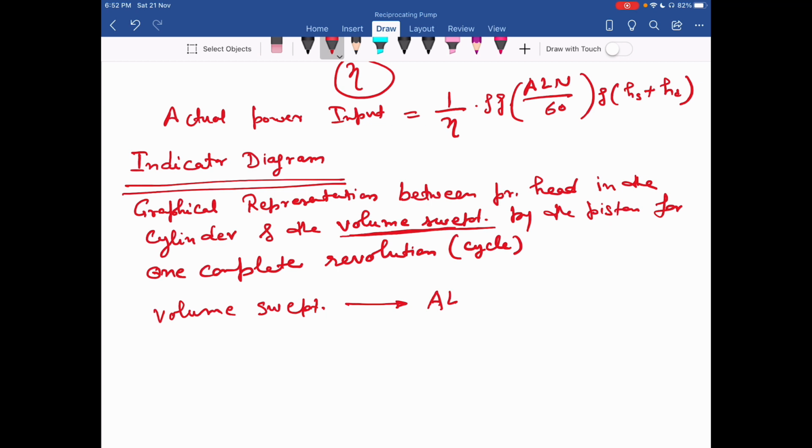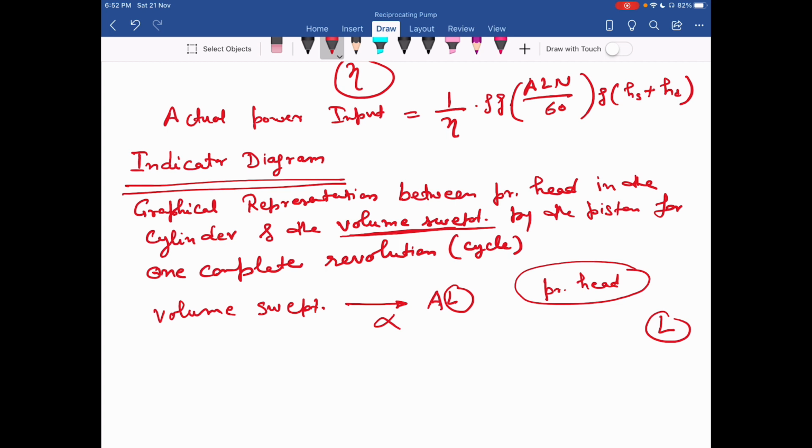Now for a given cylinder, this volume swept is proportional to the stroke length. Or you can also say the indicator diagram we can draw with the pressure head on one side and the stroke length on the other side.